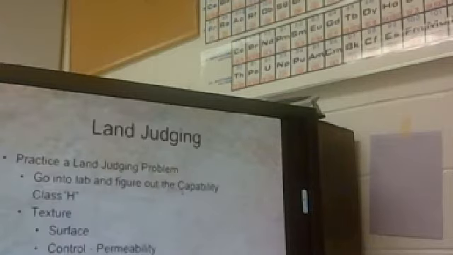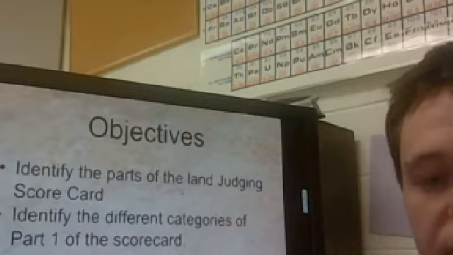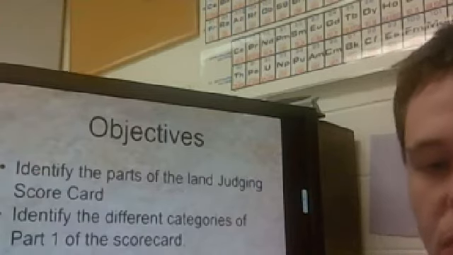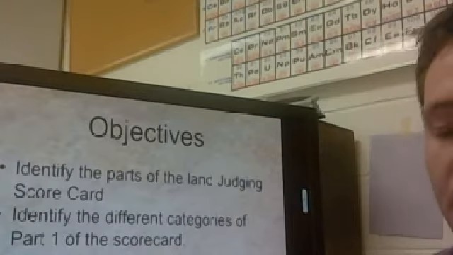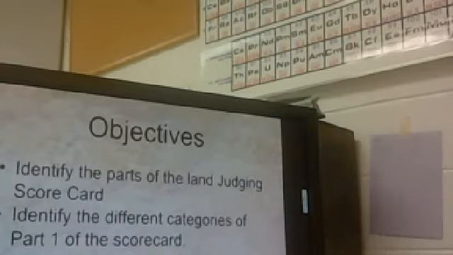There's our objectives. We're going to identify the parts of a land judging scorecard and identify the different categories of part 1 of the scorecard. What you're going to need for this is this wonderful little sheet of paper here.